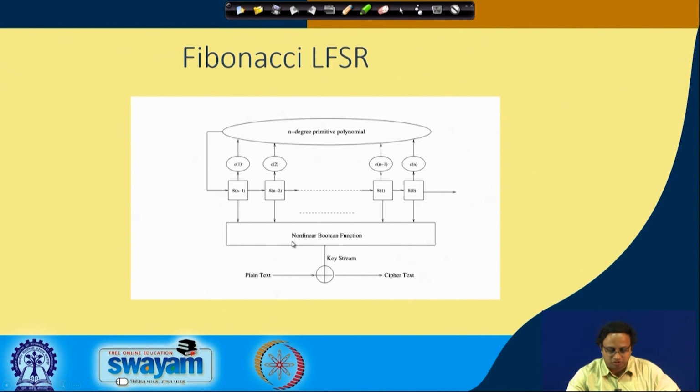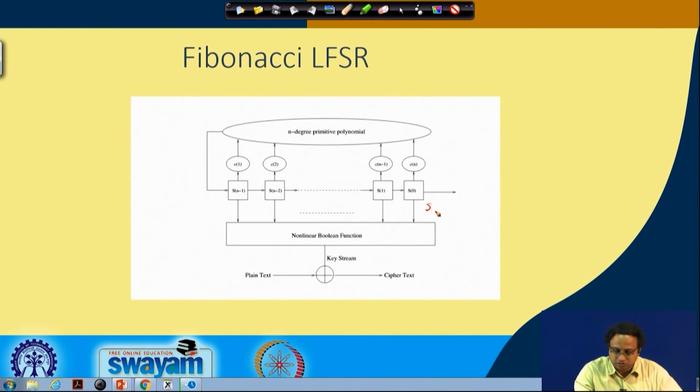Just to revise, this is how a Fibonacci LFSR looks, and this is a more general description, as we have seen. Here you have the n states of the LFSR, denoted S0, S1, and so on, up to Sn minus 2 and Sn minus 1.